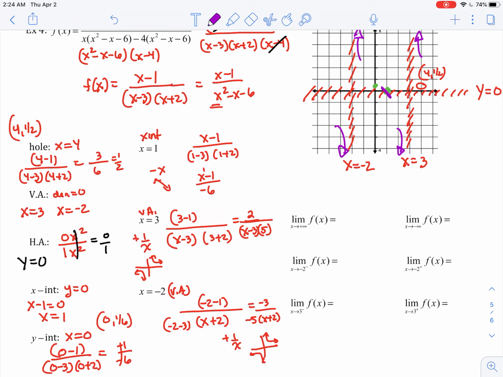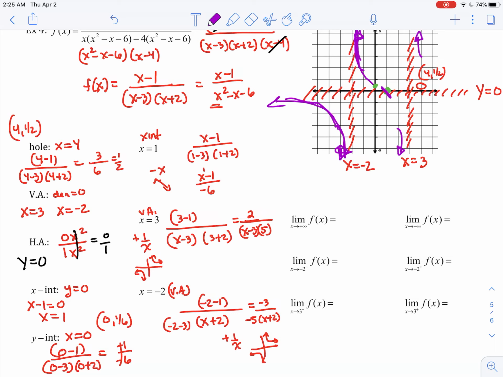So if we combine those behaviors all together, we have this horizontal asymptote that our graph should be coming along as it goes towards a negative infinity. It's coming down along the left side of this vertical asymptote, going towards a negative infinity. On the right side of this vertical asymptote, our graph is coming up.